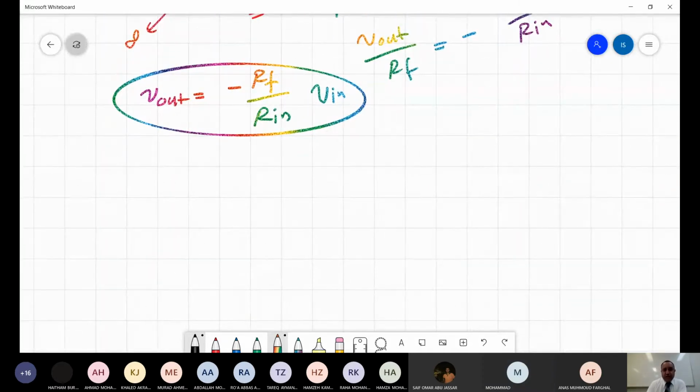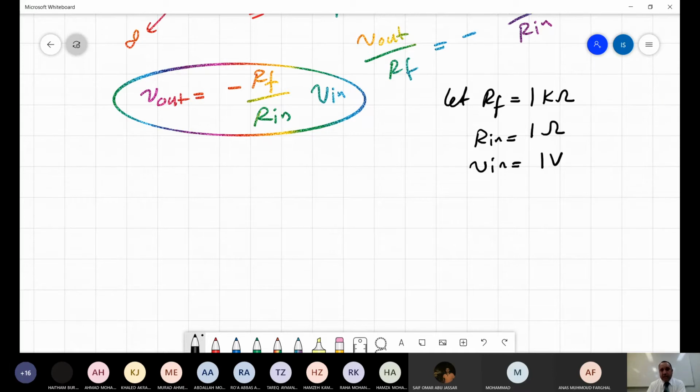So let's assume that for simplicity, R feedback equals 1 kilo ohm, Rn equals 1 ohm, and Vn equals 1 volt. Who can calculate V out? 1000 volt.